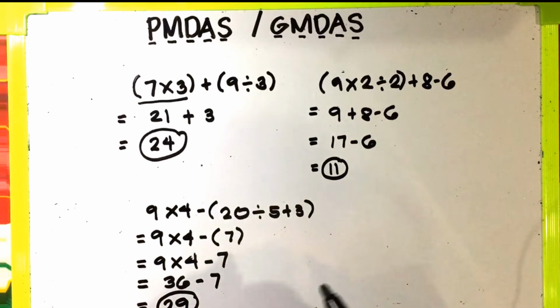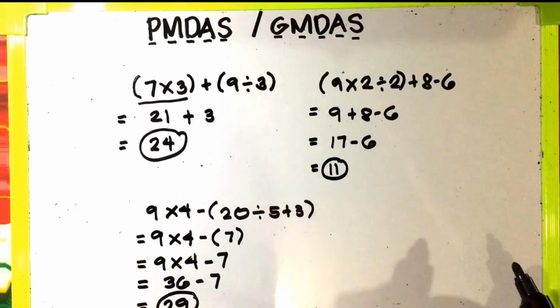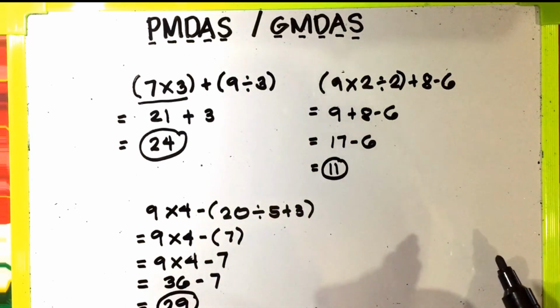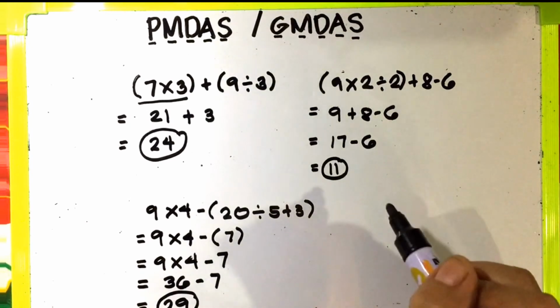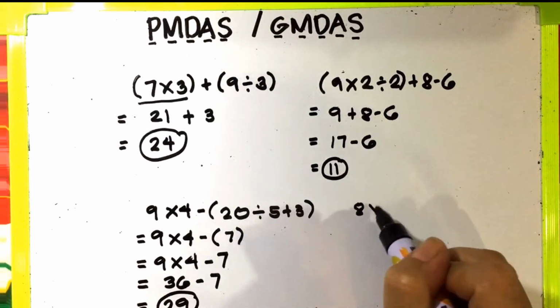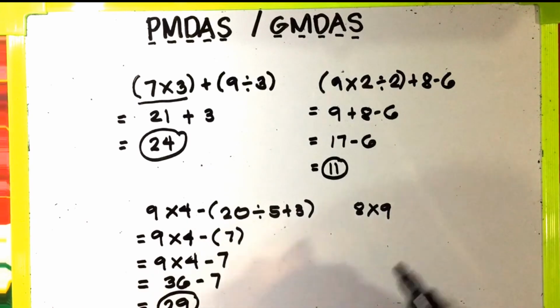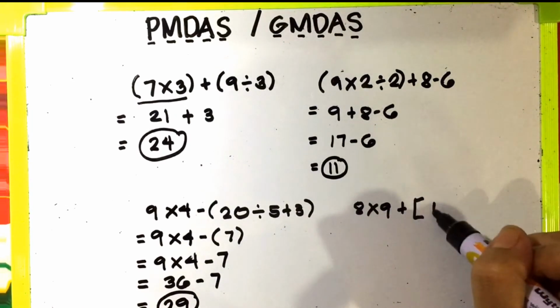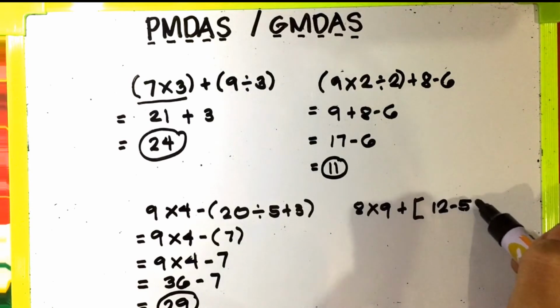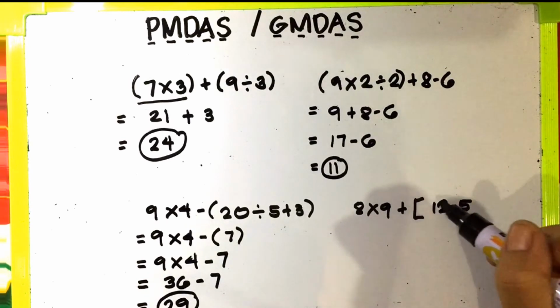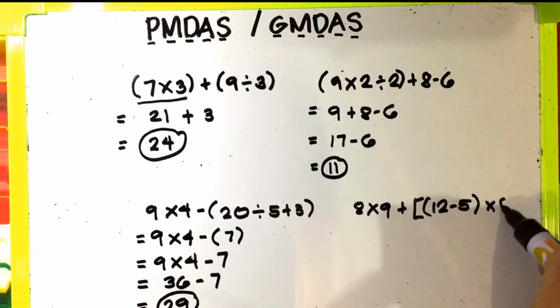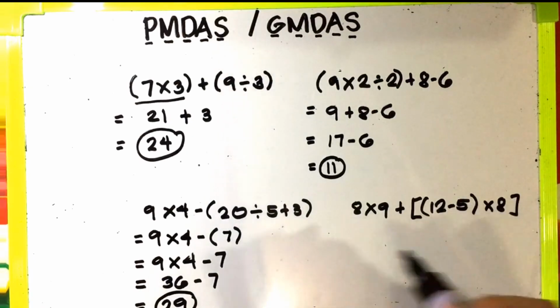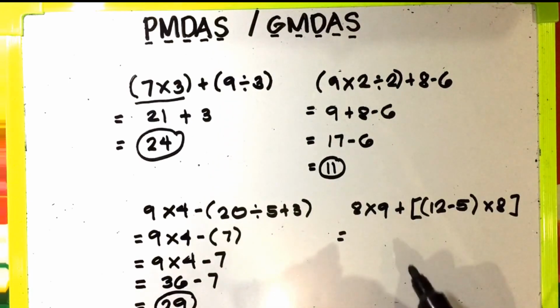Last example. If we have 8 times 9 plus (12 minus 5) times 8. Parenthesis first.